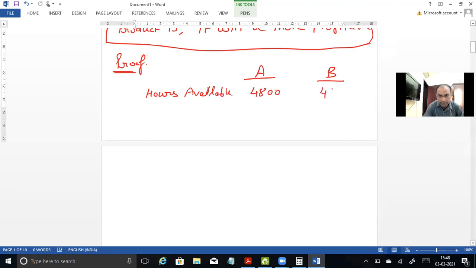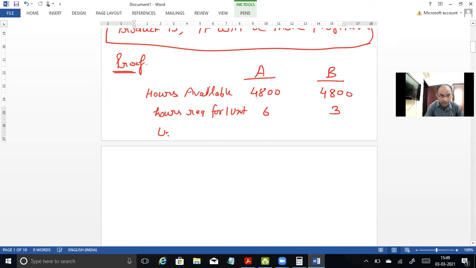Here we are seeing if we produce product A only or product B only. So if we produce product A only, for the full 4,800 hours we are using here. So how many hours are required to produce 1 unit? So hours required for 1 unit: for this 6 and for here 3.